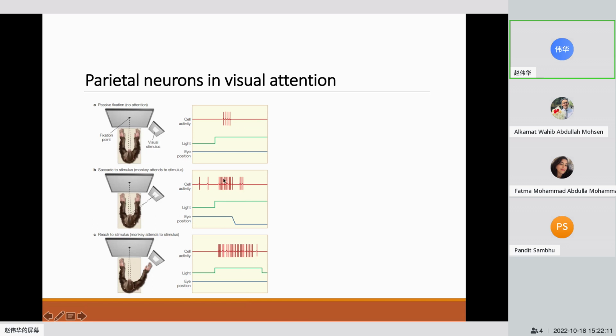For this one, the firing rates increased, and here the firing rates to the target also showed increases. Thus, the neuron is spatially selective. It's a sign of covert attention.